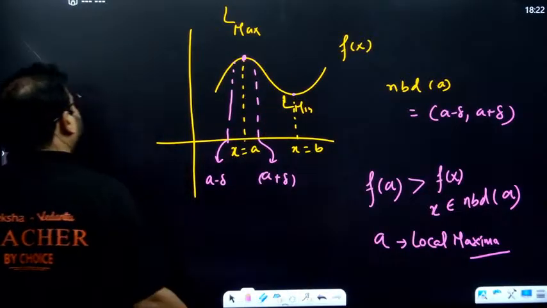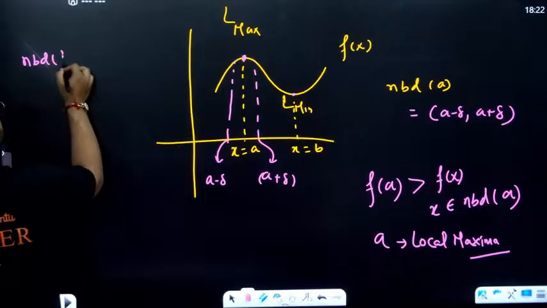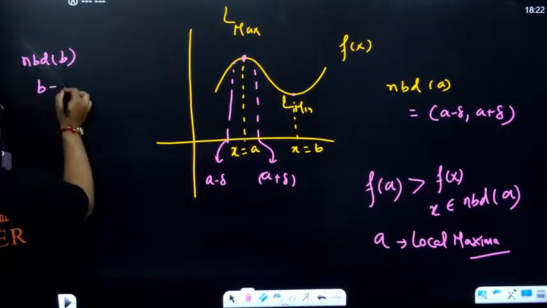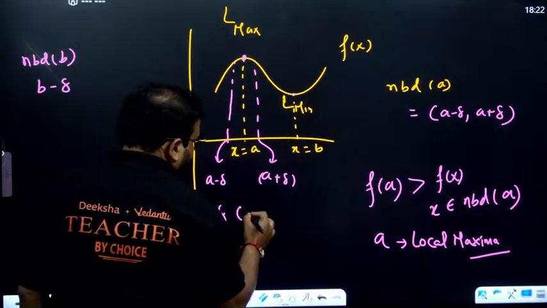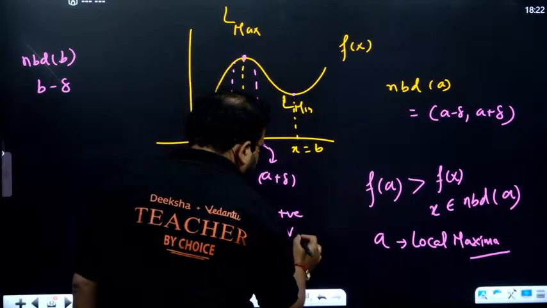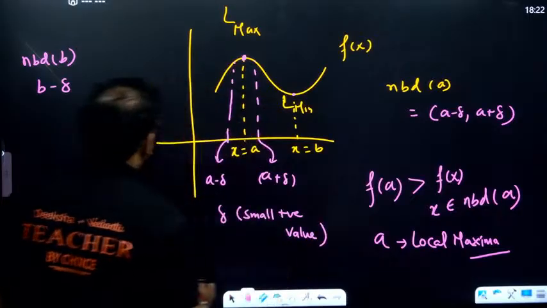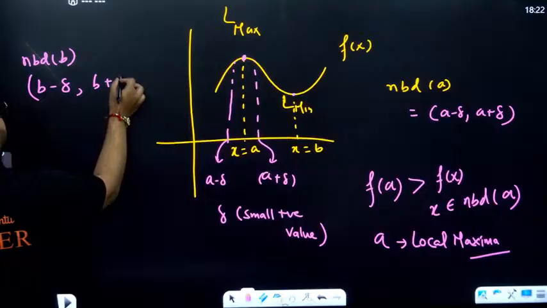Local minima, same way. We first write the neighborhood of the point B. How do we write it? B minus a small delta value. Delta is a very small positive value, a number. So B minus delta comma B plus delta.